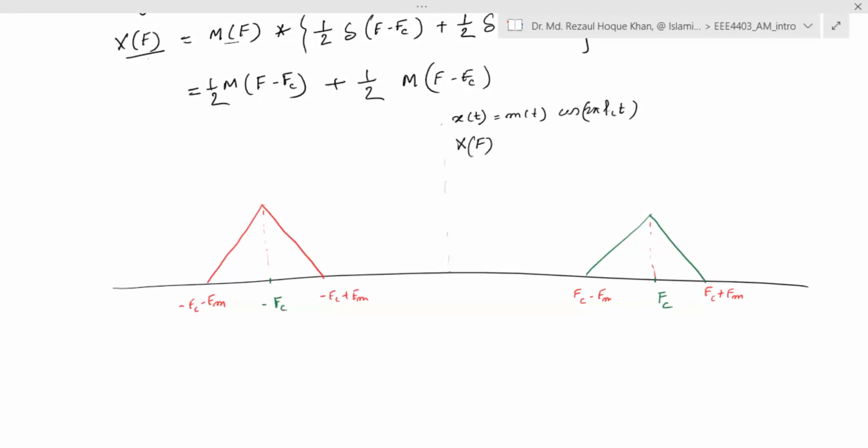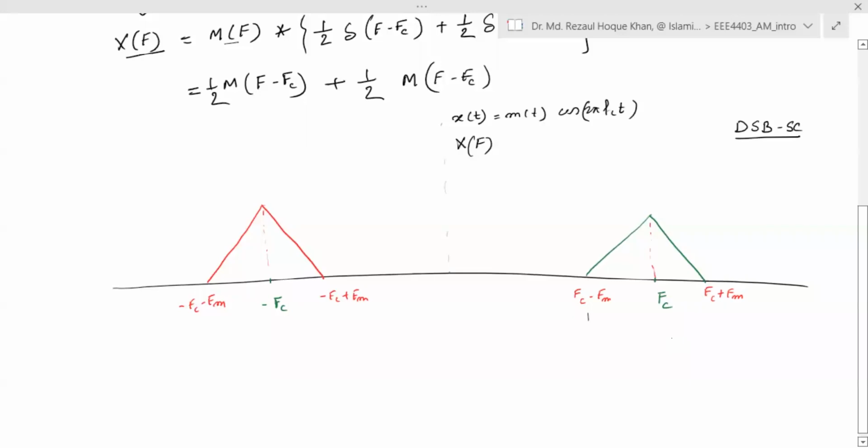Here we can see this is double sideband suppressed carrier. So SSB starts from the generation of the DSB. Until you can generate a DSB, you cannot have an SSB. Once you ideally generate a double sideband, then by filtering or other techniques, you make it a single sideband.